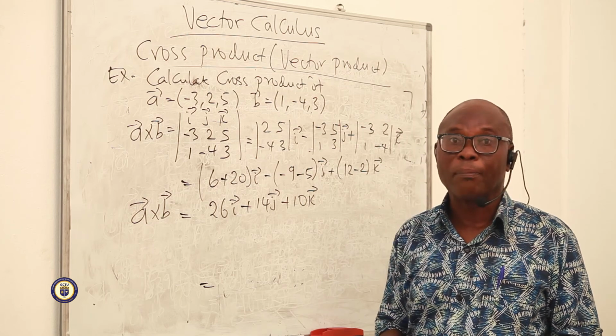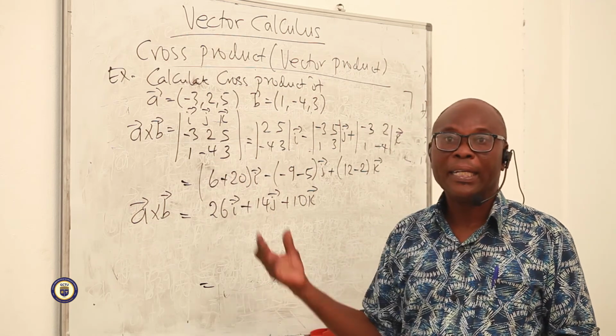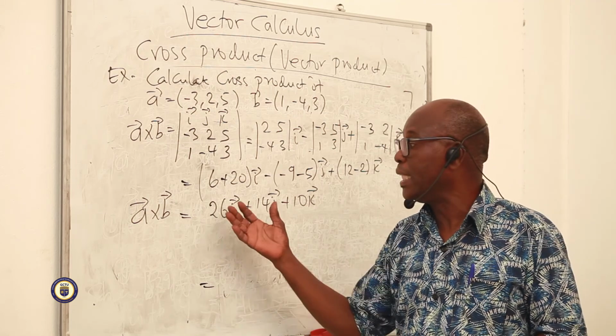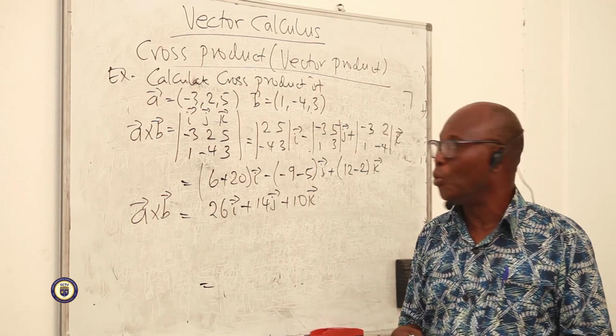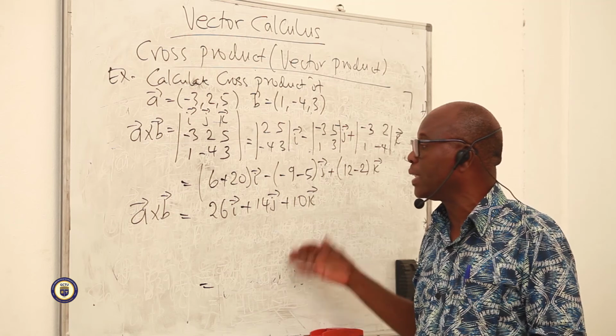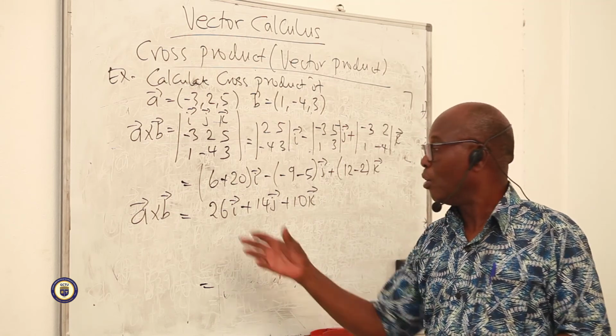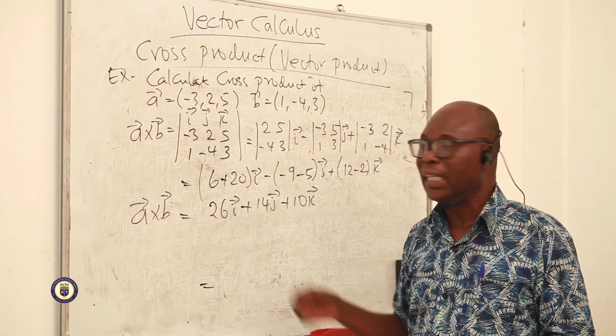To recap, we use a determinant formula in calculating the cross product of two vectors, and in this example it gave us 26i plus 14j plus 10k.